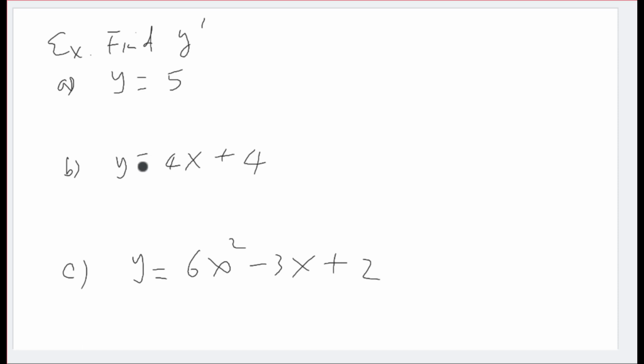In all those examples, we want to find y prime, the derivative of y. It's just a common notation; I usually use y prime. y prime is the derivative of y, which sometimes is denoted as dy dx too. So if you see that they want you to find dy over dx, it's the same as y prime.